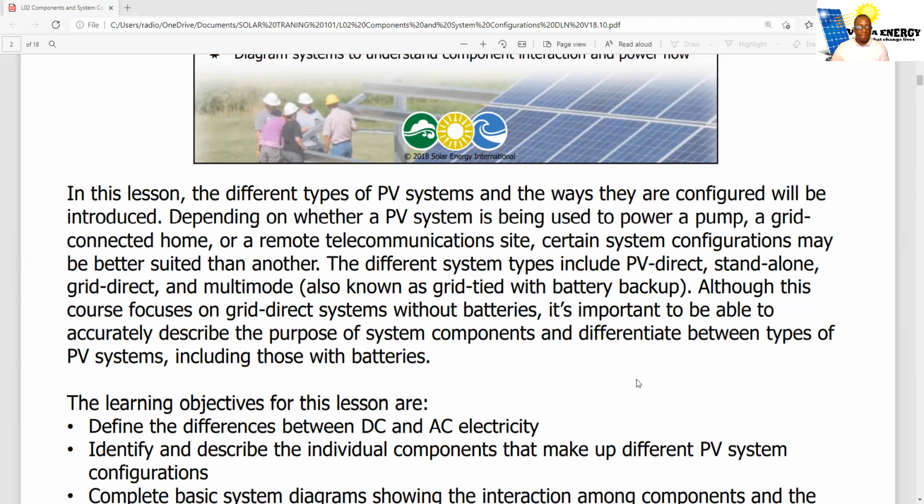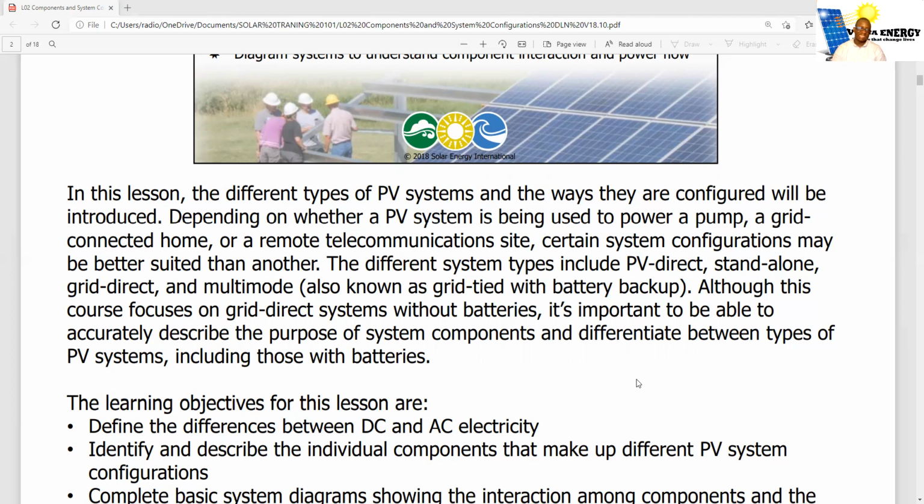It is also a system in which you can sell excess current back to the grid, the utility company, after all your devices have efficient electricity.